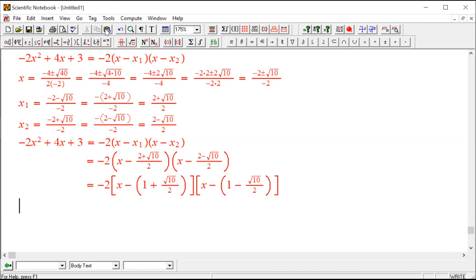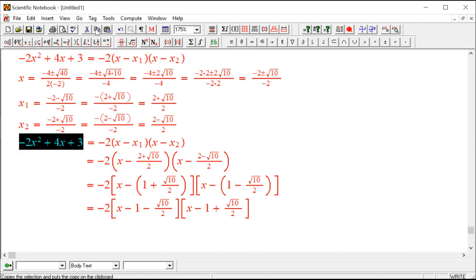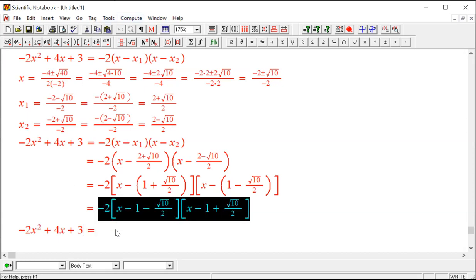You just try to make it look nicer. Then you can open up the parentheses: the negative sign opens up the negative parentheses, so this will be negative, and opening up this parentheses, this is going to be plus. So in the end, the factor form, you can leave it like this.